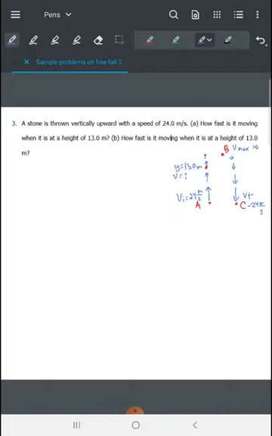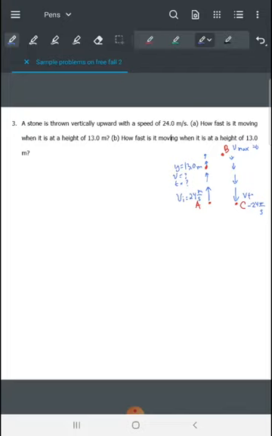Okay, I think nagkamali ako ng type. Pero ang pinapahanap dyan ay time. What's the time nung nandun na yung object sa 13 meters above the release point sa point A, above point A.